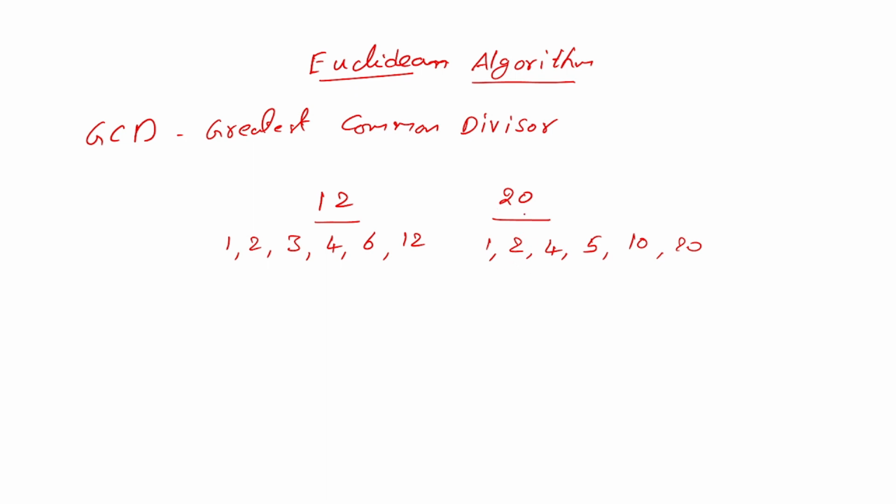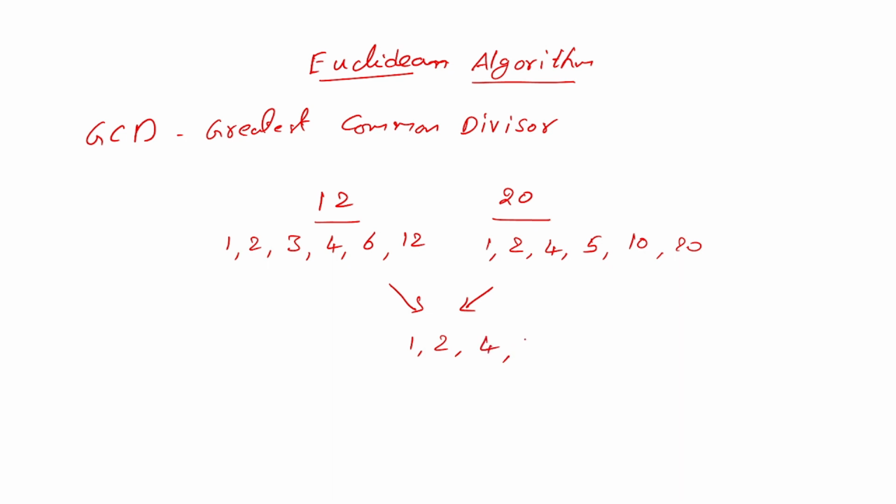Okay, out of all these divisors, what are the common divisors? You need to take the common divisors. 1 is available in both lists, and 2, 4, that's all.